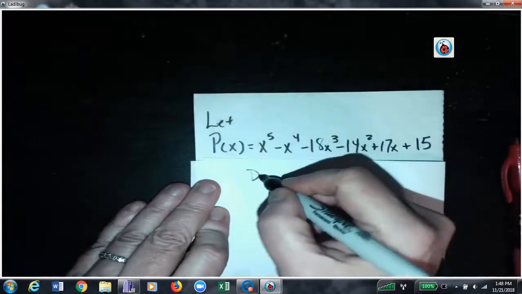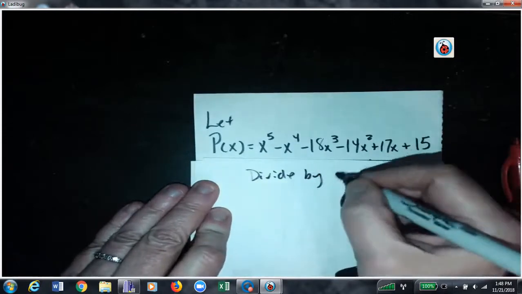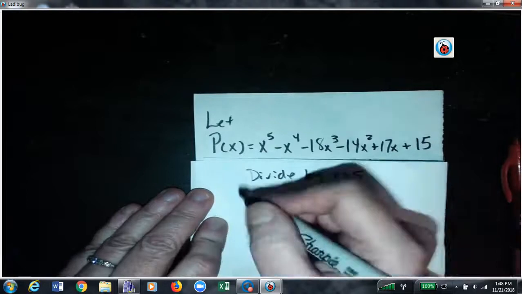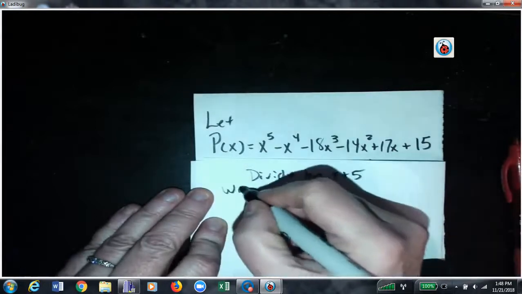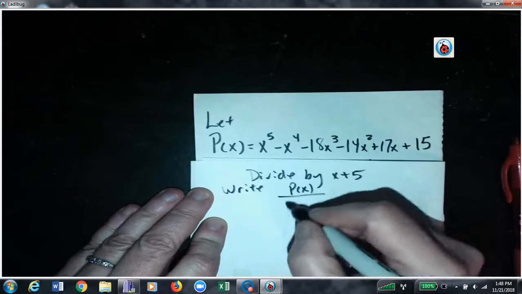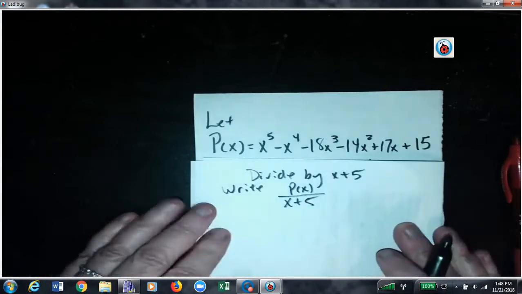Let's divide p of x by x plus 5. And let's use this to write p of x, the fraction p of x over x plus 5.